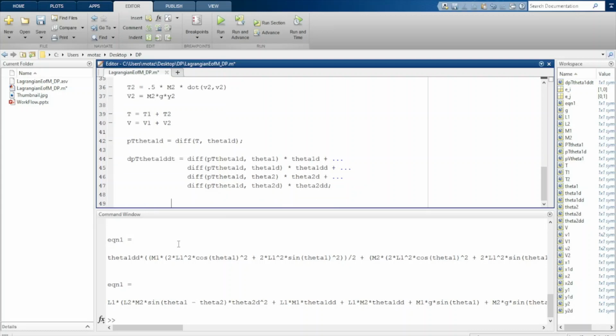The second term is going to be the partial derivative of the kinetic energy with respect to just theta 1, not theta 1 dot.